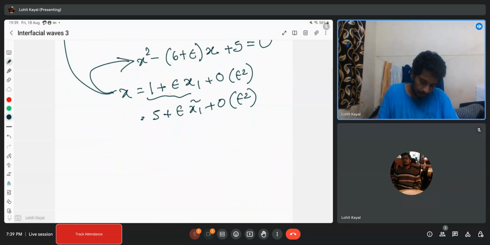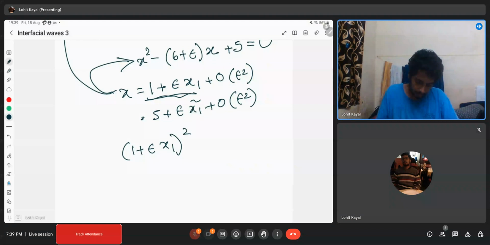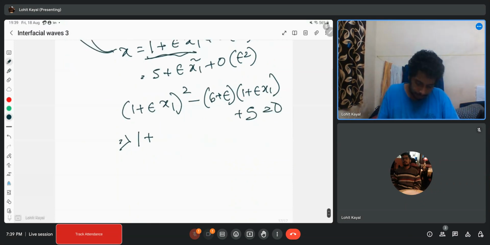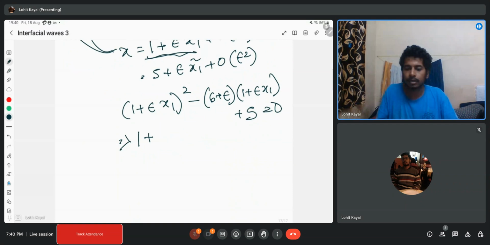So if I substitute 1 plus epsilon x1 here: (1 plus epsilon x1) whole square minus (6 plus epsilon) into (1 plus epsilon x1) plus 5 equal to 0. We don't need the terms of order epsilon square, only up to order epsilon.